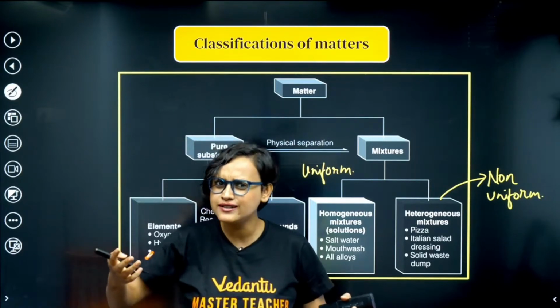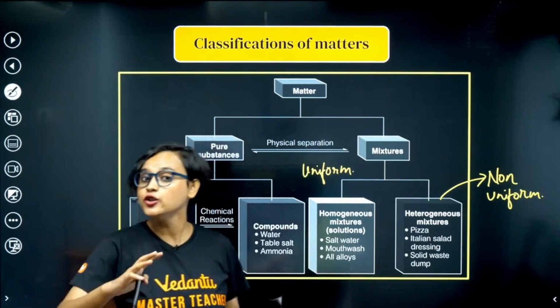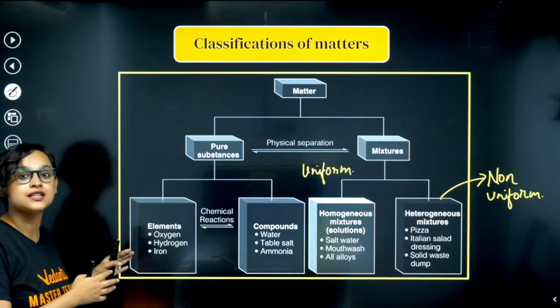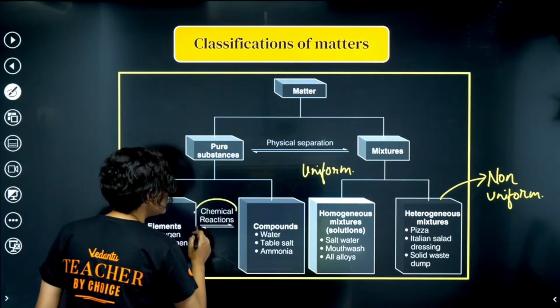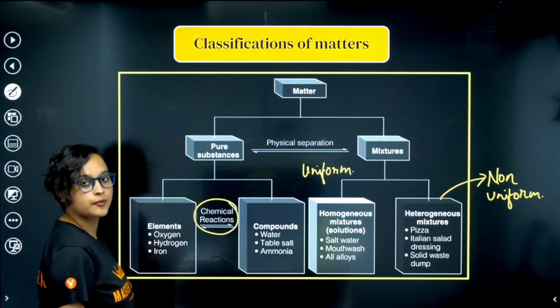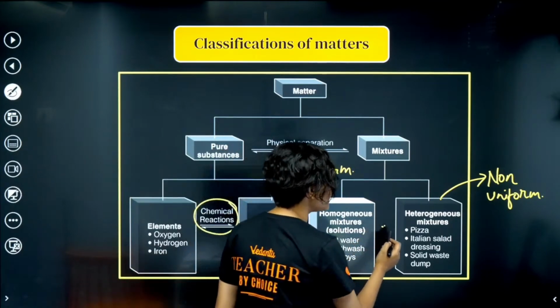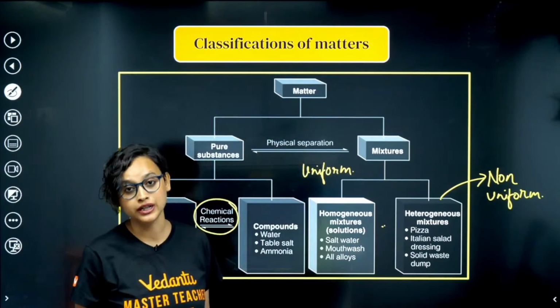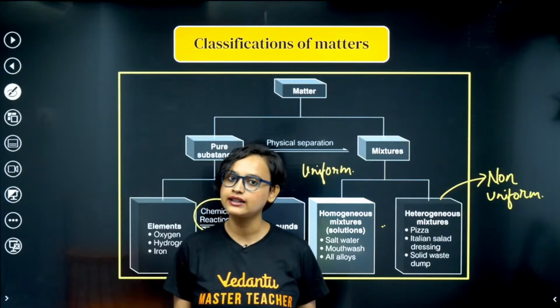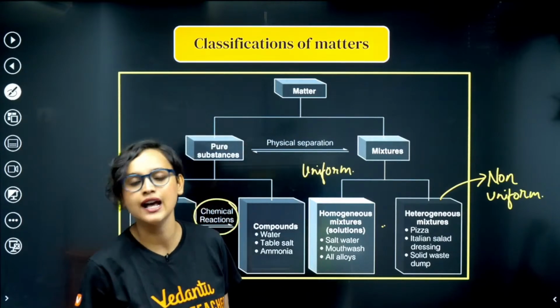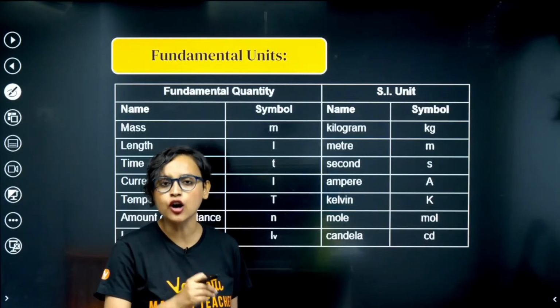Do you remember all of these? You have learned them in your junior grade. You will not be able to separate them with these processes. You will require chemical reactions to be able to separate them. But in this case, they can be separated with physical properties as well. Alright? Now moving on from here.